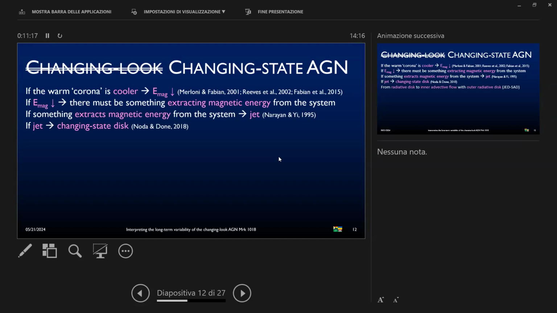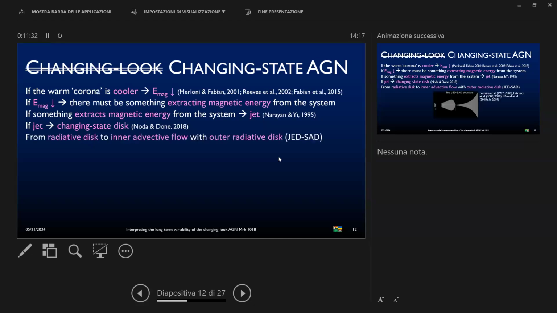So the disk in this AGN is slightly radiative. But now it seems that since the warm corona is cooler and the UV radiation is lower, this is telling us that the accretion disk is now no more radiative. And we think that actually the disk in Mrk alternating is now a JetSAD.